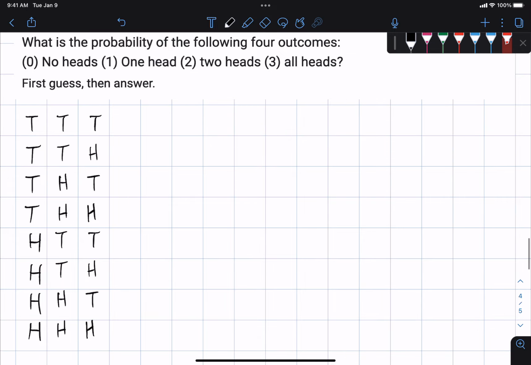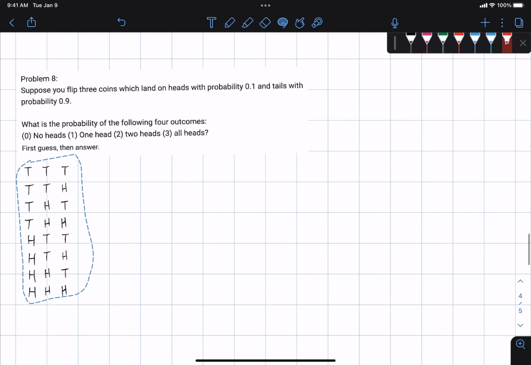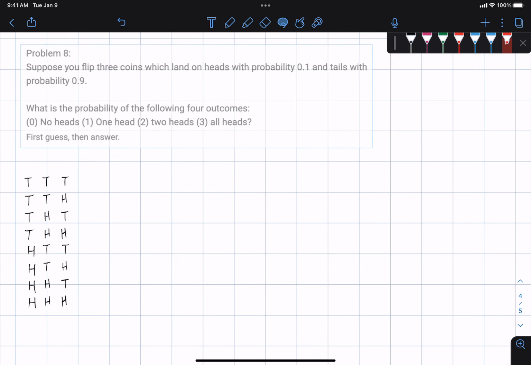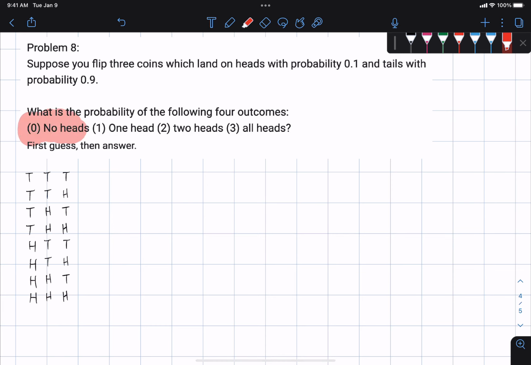I'm gonna shrink this down so we can keep the question in scope here. Didn't mean to shrink it down that much, but that's okay. Okay. So first off, we want to figure out, what's the probability that we get no heads here?